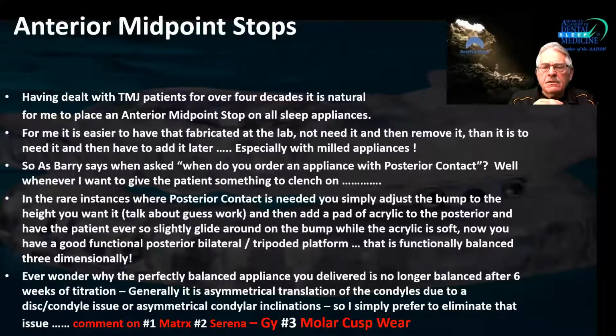I've noticed that it took me a while to notice this because I've done a lot of NTI appliances. So I've experienced a fair amount of anterior open bites. But it seems to be the patients that have those kind of anterior open bites, and we've all seen these patients, they have posterior cusp wear.